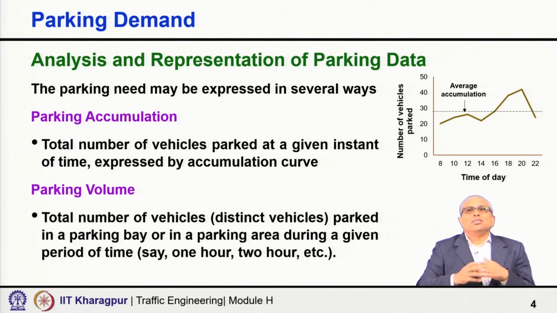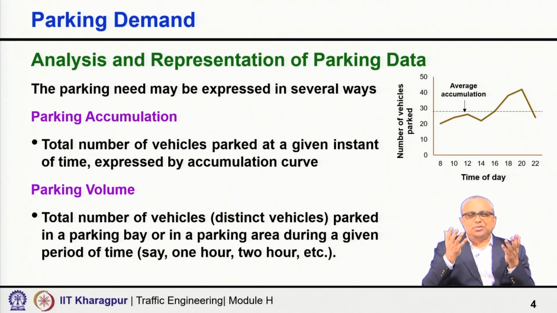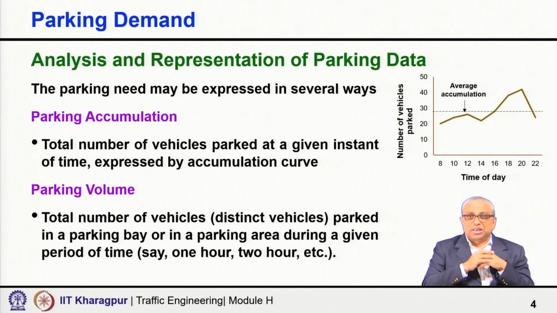Some of the useful measures may include, one, parking accumulation, which says how many vehicles are parked at a given instant of time in a given parking location. You have a parking facility, on-street or off-street, and the number of vehicles parked at a given instant is normally expressed by an accumulation curve.